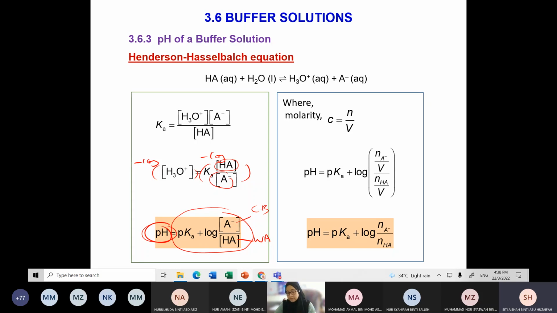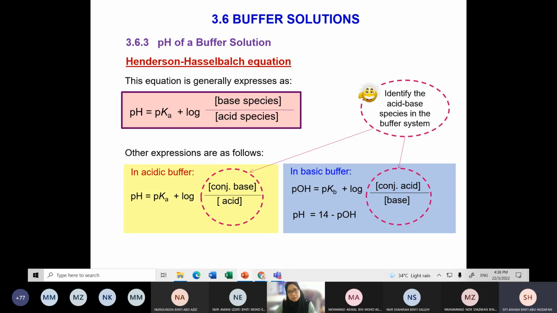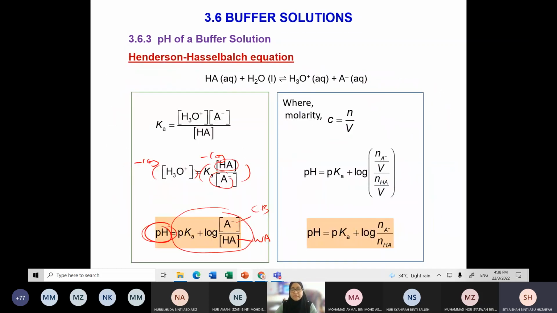Okay, same goes to, do we have pOH? Imagine if we have weak base lah. Okay, basic buffer. Okay, so you will be producing OH minus. For example, kalau weak base, you akan dapat Kb kan. So Kb you rearrange. Okay, you rearrange OH minus as dia punya this one.